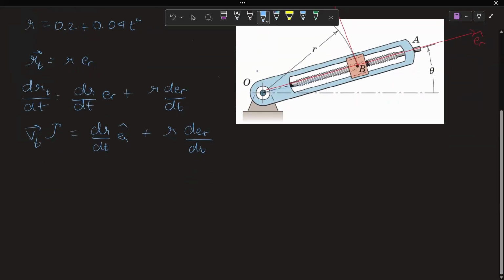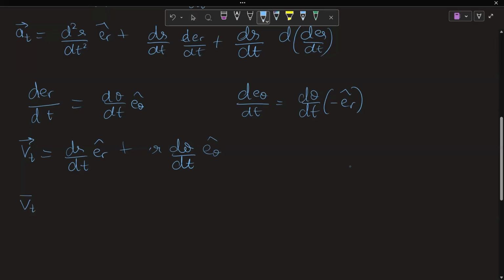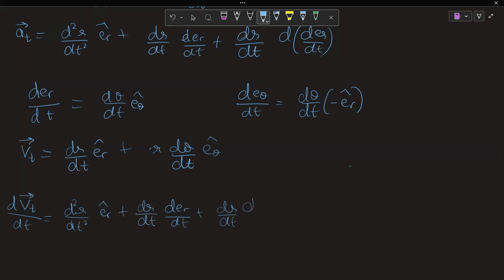After getting velocity at any time t, we differentiate it for acceleration: d2r by dt square er cap plus dr by dt der by dt, plus dr by dt d theta by dt e theta cap, plus r d2 theta by dt square e theta cap, plus r d theta by dt into de theta by dt.